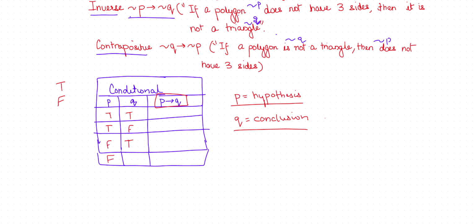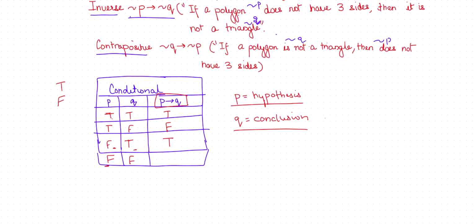When P is true and Q is true, then if P, then Q is true. When P is true and Q is false, then if P, then Q is false. If the hypothesis is false and the conclusion is true, then it is true. And if P is false and Q is false, then it is also true.